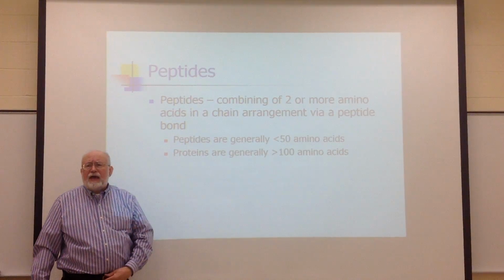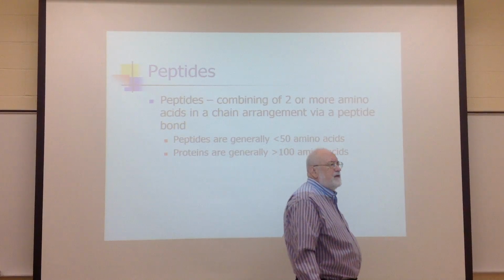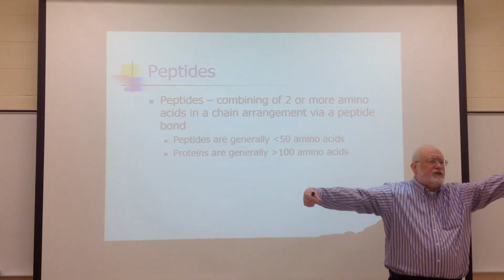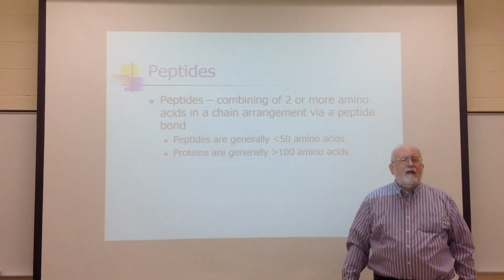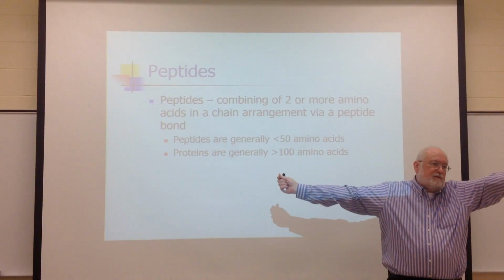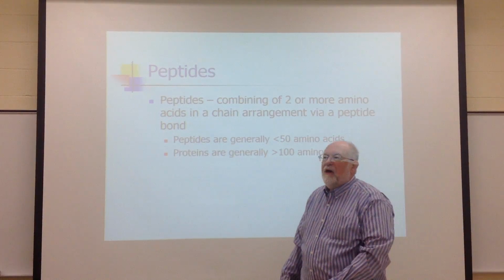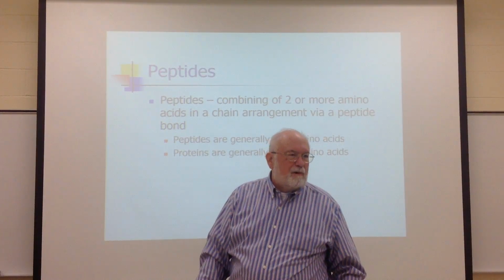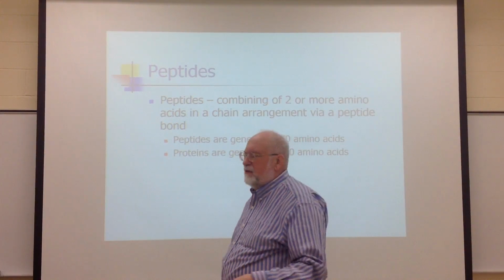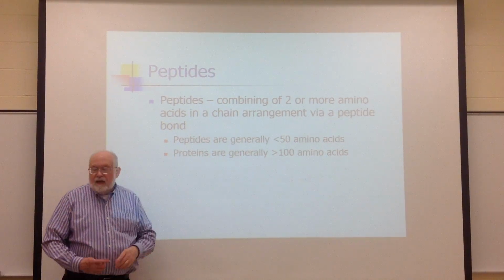Peptides, when you hear that term at the cocktail party, it generally means fewer than 50 amino acids strung together in a chain. All right? If you've got 100 or more, you've got a protein. What's between 50 and 100? Well, it's no man's land. You can call it whatever you want. Probably called a polypeptide when you get between 50 and 100. But anyway, there we are.